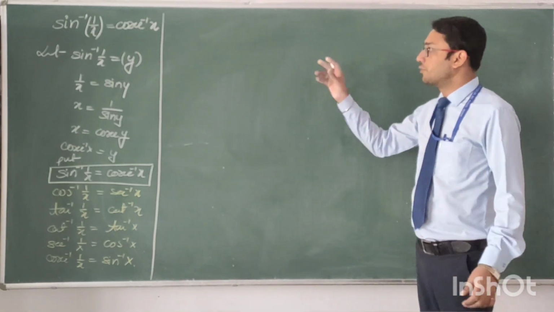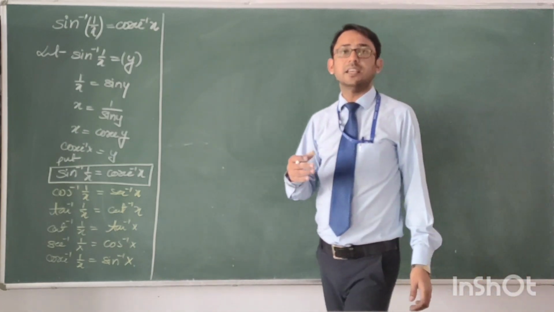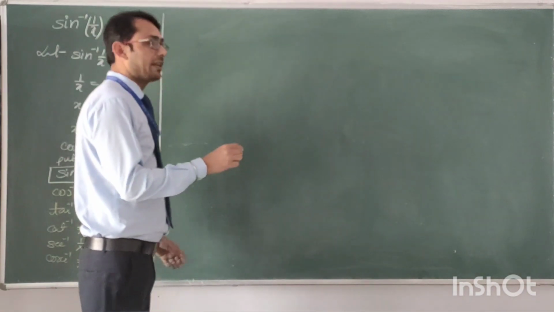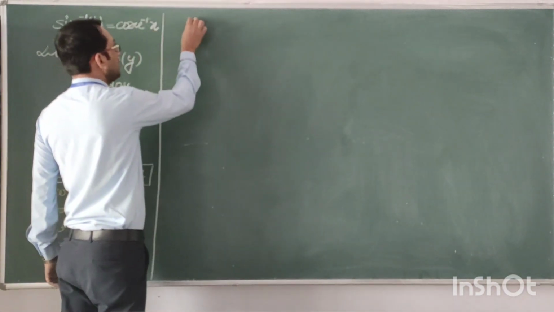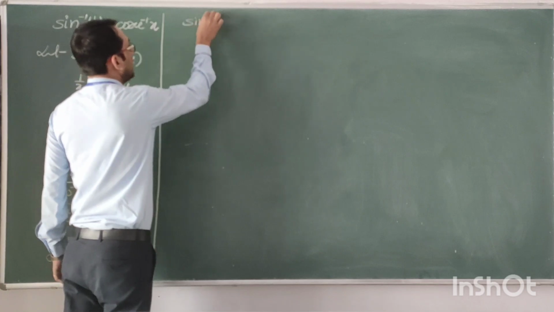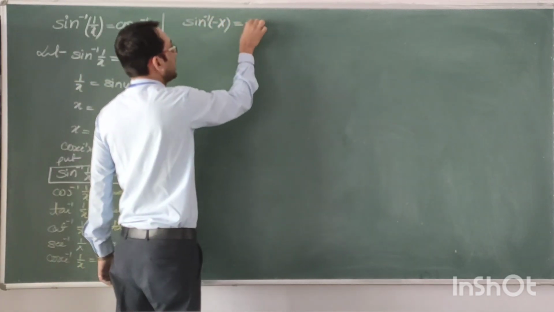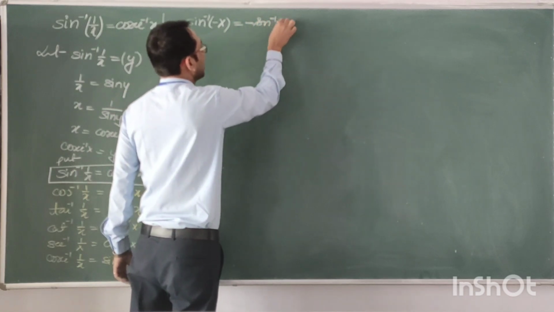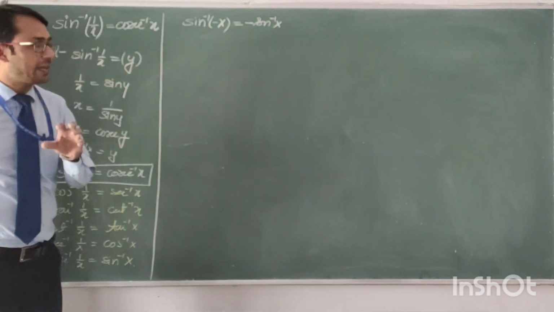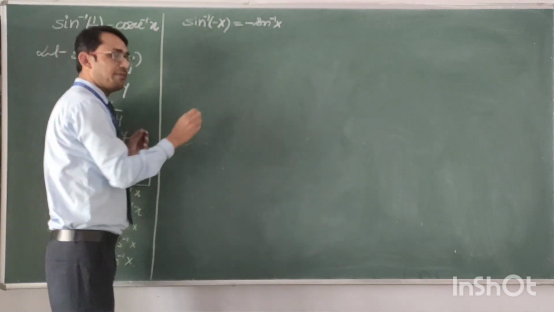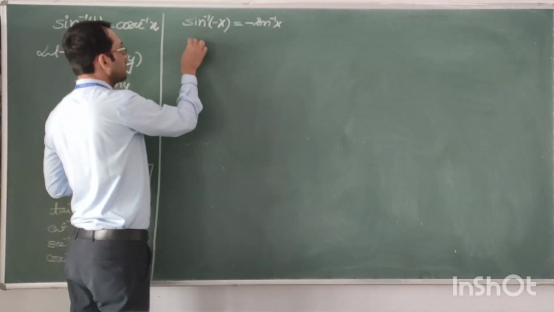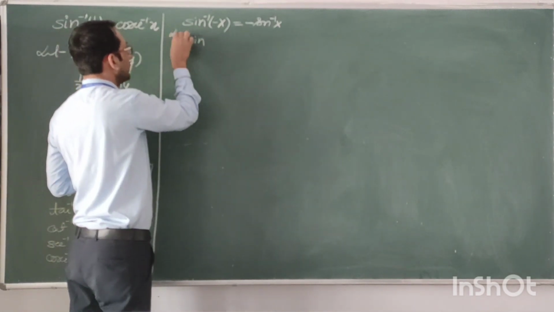So now we are going for the next thing. It will help you to understand the topic a little better. First I am taking sine inverse minus x equals minus sine inverse x. Keep in mind, as I have told you earlier also, whatever we are going to prove, we suppose that as y.